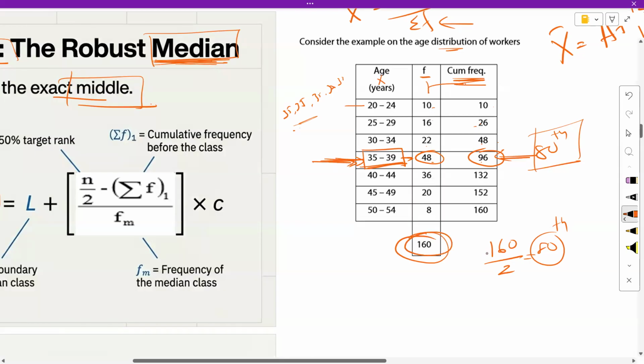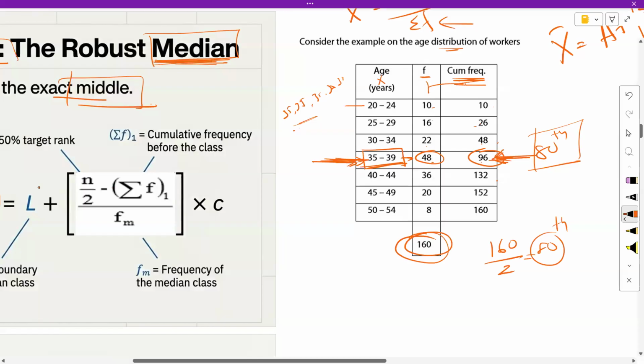We know the median is the middle term, so the 80th employee will be the median employee. The cumulative frequencies are up to 48, up to 96, and up to 132, so based on our logical reasoning, this is the median class.